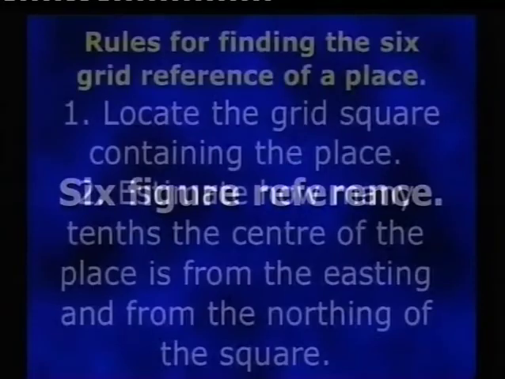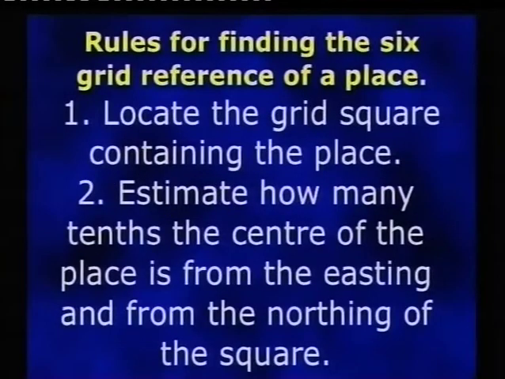Firstly, we're going to look at the rules for finding the 6-figure grid reference of a place. Number one: locate the grid square containing the place. Can you just jot that one down, receiving students? Then I'll go through the rules with you.